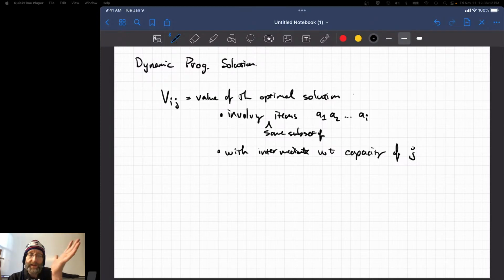Right now, the weight capacity is, say, 7. I'm going to limit that even further. What if your weight was only 1? What if your weight was only 2? What if your weight capacity was 3, 4, 5, all the way up to the full weight capacity?